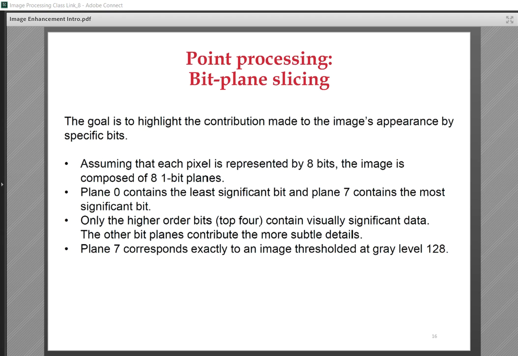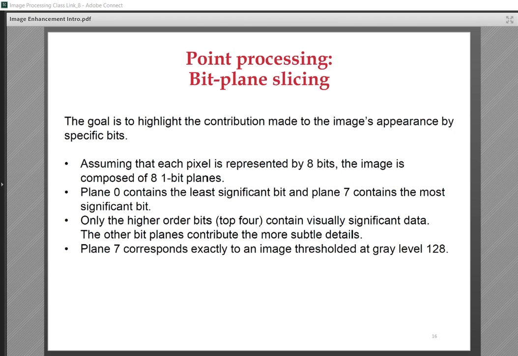This plane is for bit 1, this is for bit 2, etc. This is for the LSB and this is for the MSB, the most significant bit, bit 7, for all other X and Y positions in the spatial domain of the image. Go back.